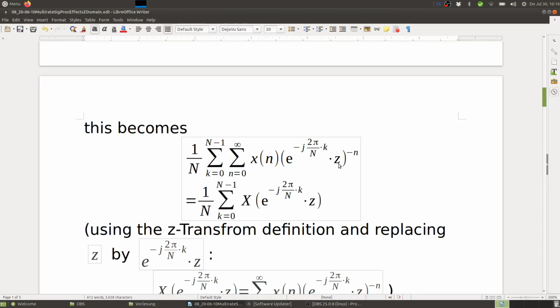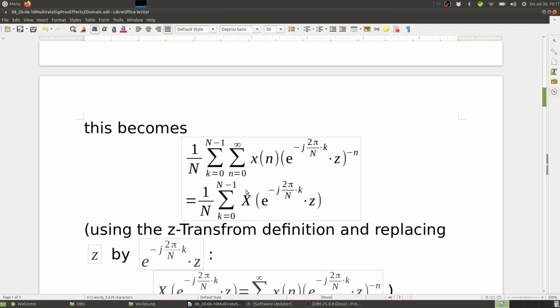And we see that this inner part has a lot of similarity to the Z-transform of x, except that we have this factor in front of the z, right? So this is basically the Z-transform of x.